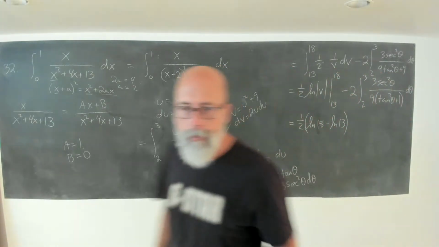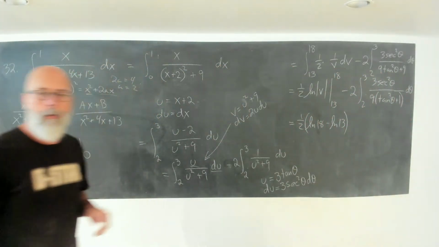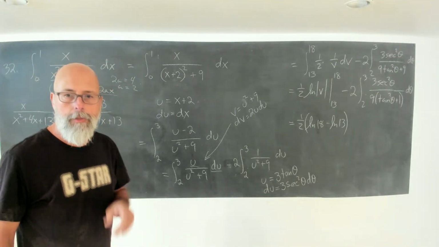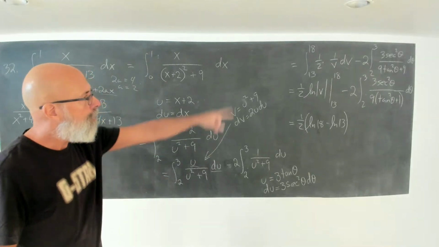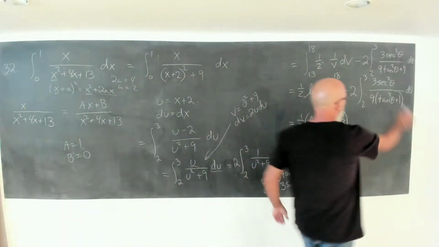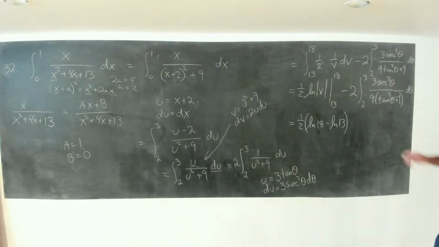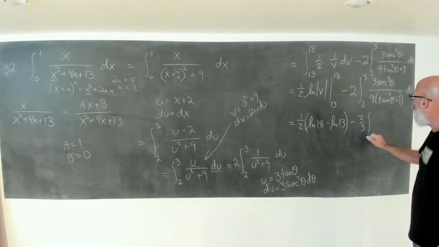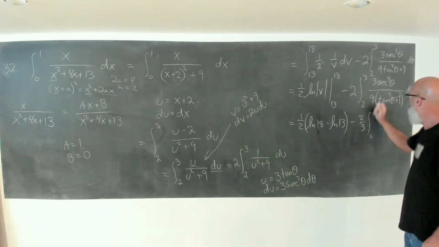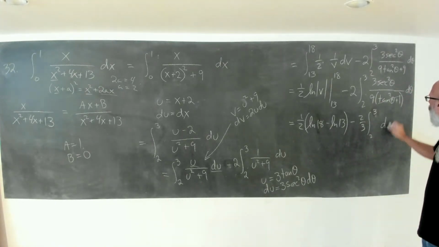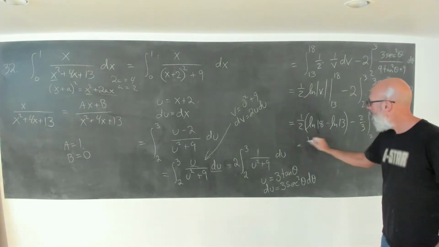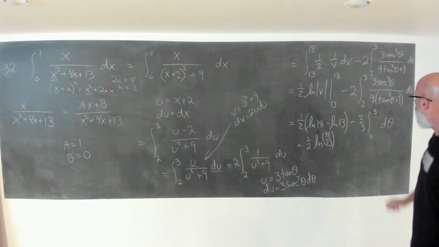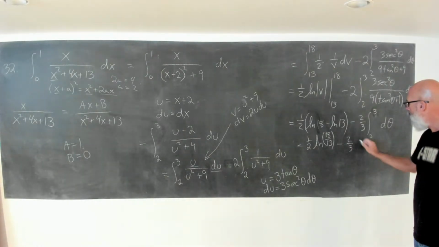You know what it is. Tangent squared plus 1 is secant squared. Thank you, Amir. Secant squared. So the secant squareds will cancel. And you just get a 1 over 3. So this is a minus 2 over 3 d theta. So 2 over 3 theta.